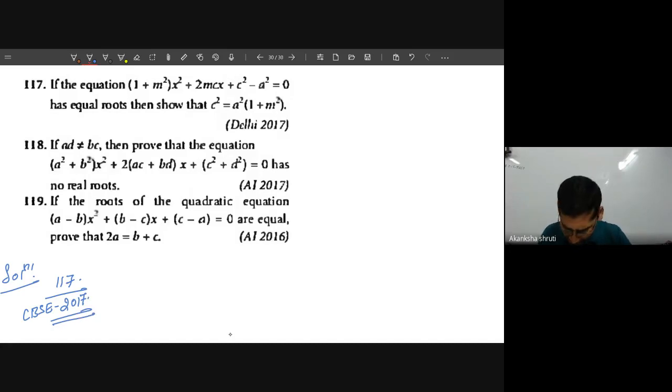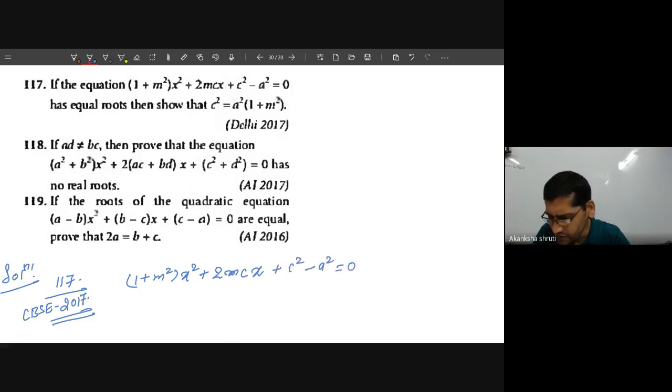The given equation was (1 plus m square) x square plus 2mc x plus (c square minus a square) is equal to 0. This equation has equal roots.